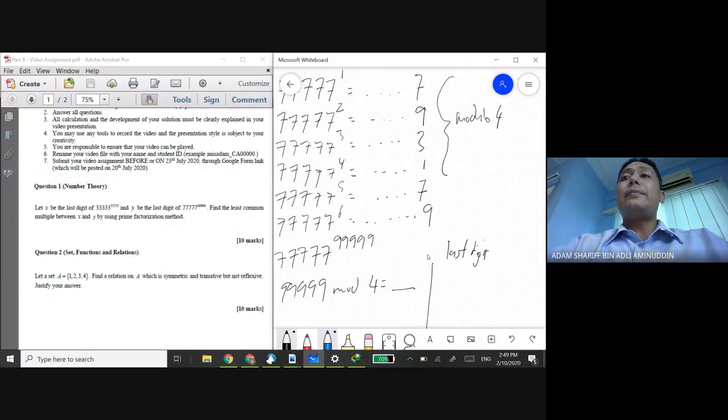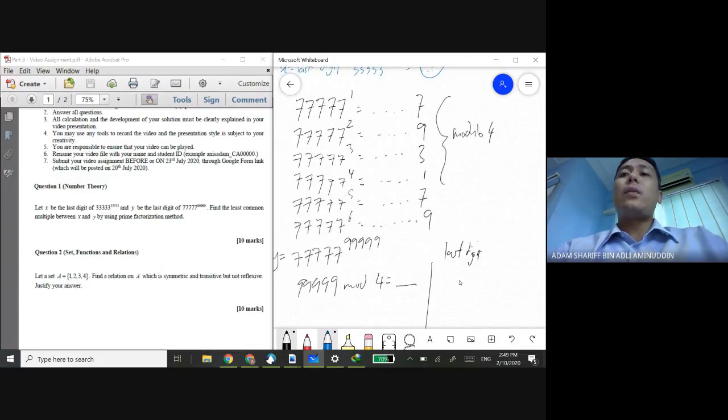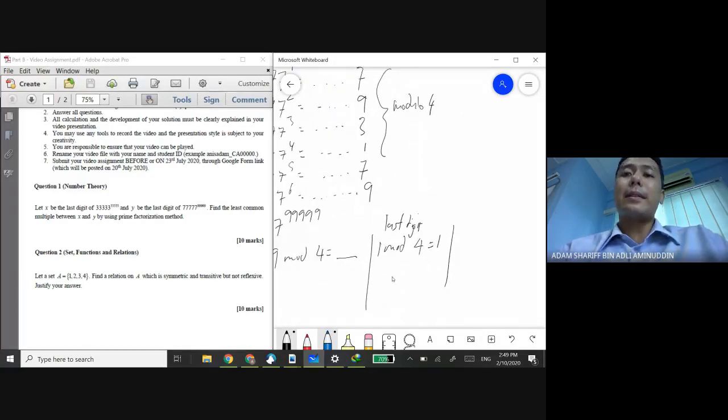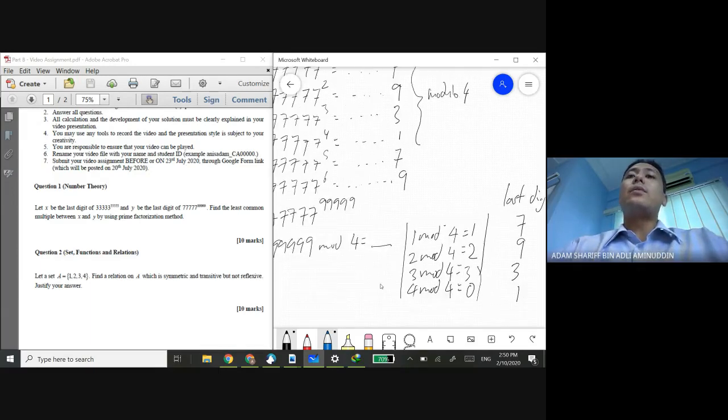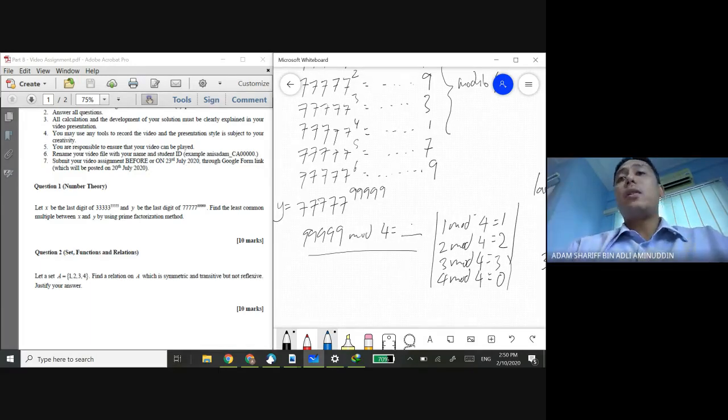So here, 1 mod 4 is 1, the last digit is 7. 2 mod 4, where we got modulo 2, the last digit will be 9. 9 times 3 is 3. And 4 mod 4, when the modulo is 0, the last digit will be 1. So find this one, you will get your last digit.